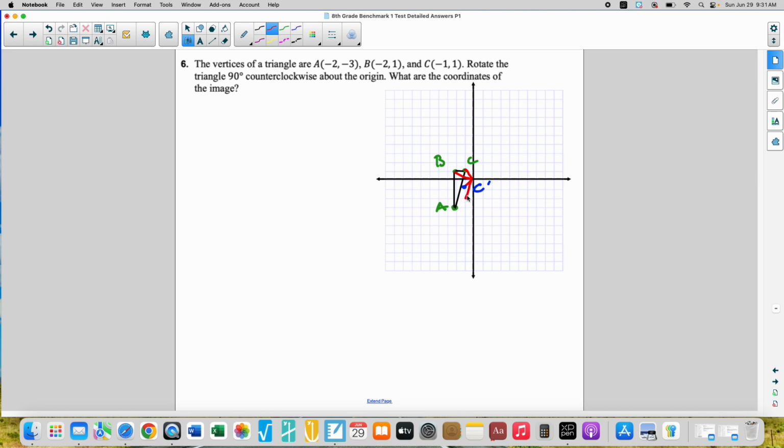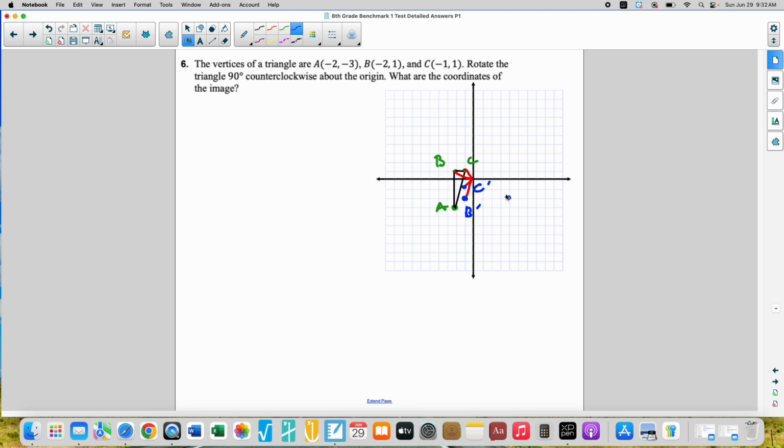Okay, so that's the idea behind rotating it. And B prime is going to be here. And then A prime is going to be rotated from here out to here. I think that's going to be, no, that's not where it is. This is B prime, so it's going to be right here.